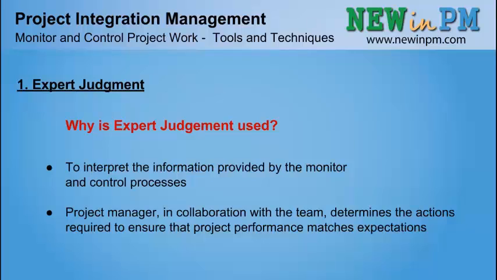So why is expert judgment used here? It is used to interpret the information provided by the monitor and control processes. The project manager, in collaboration with the team, determines the actions required to ensure that the project performance matches the expectations of the project.